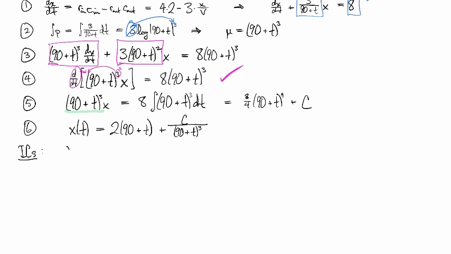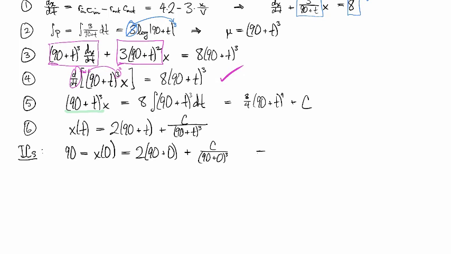I have that 90 is x at time 0, so that's 2 times 90 plus 0, plus c over 90 plus 0 quantity cubed.